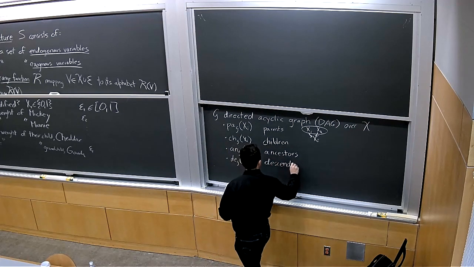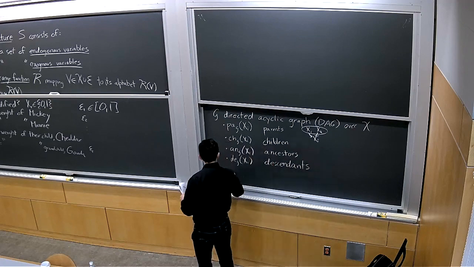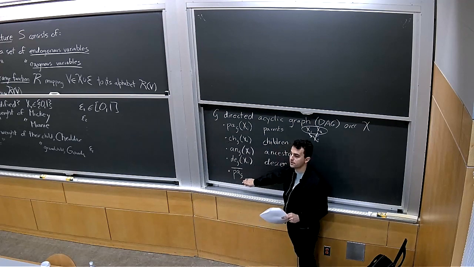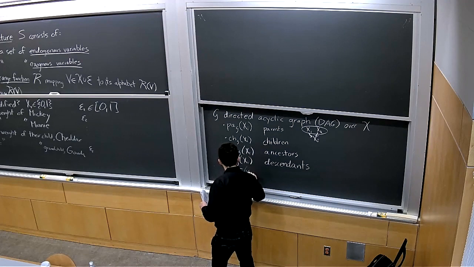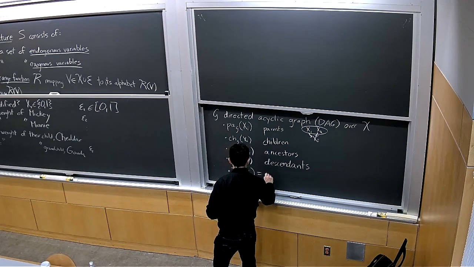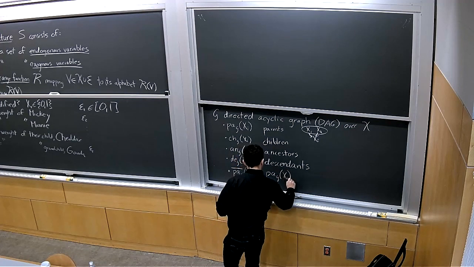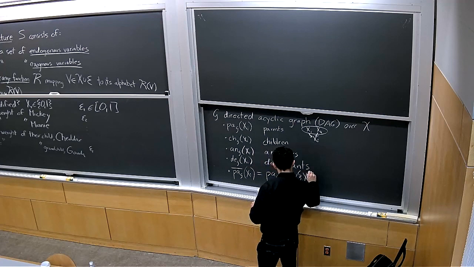And then it's also going to be helpful at times. All of these we're going to extend our notation where if we put a bar on top of this set, then it's going to be inclusive. So it's going to be whatever those parents were of this node and the node itself.